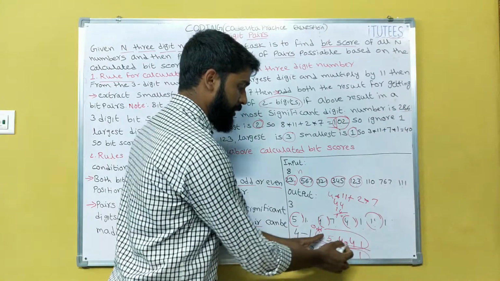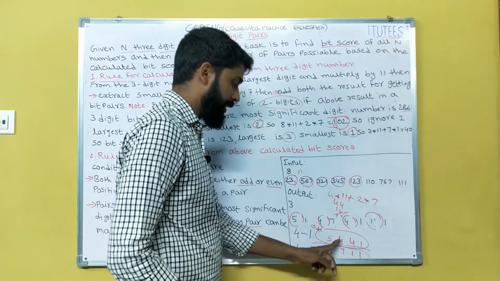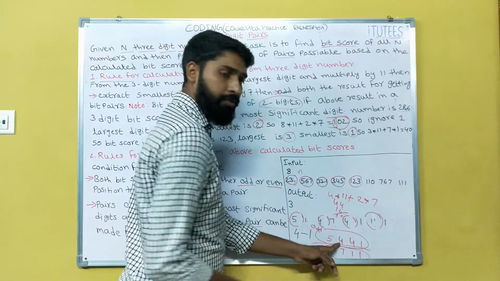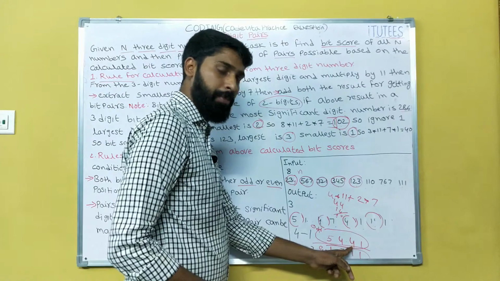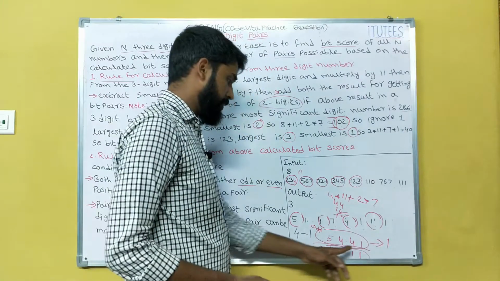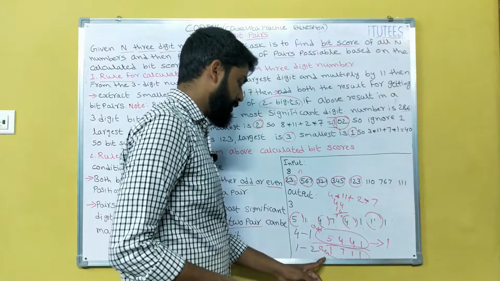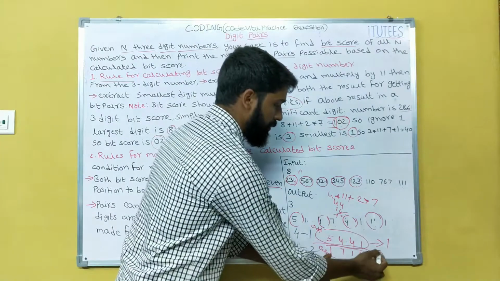Here 5, there is no other 5, so the value is 0. There is no pair for 5. For 4, there is another 4, so for the digit 4 we have a pair. So the pair count is 1 for 4. For 1, there is no pair. Coming to the other side, for 1, there are 2 pairs, so the value is 2.